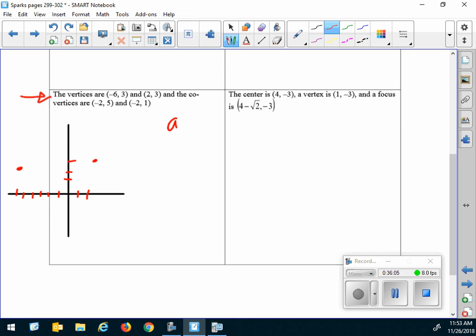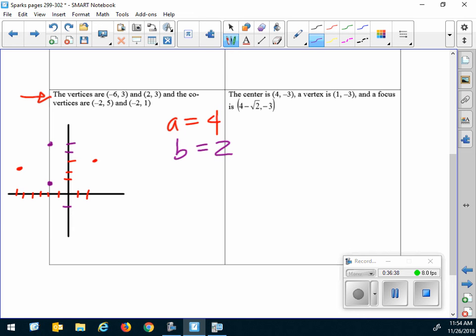No, it's okay because I'm the same way. I really have to stop and think about these and remember what stands for what. Totally fine. The covertices are negative 2, 5 and negative 2, 1. Because the distance between the covertices is 4, so B is 2. Good.